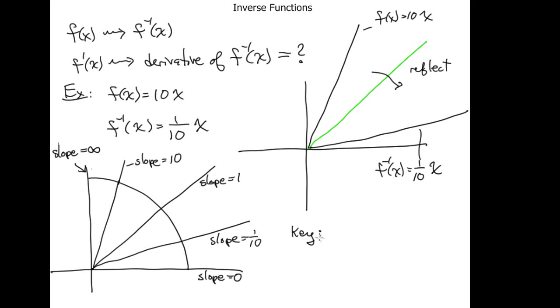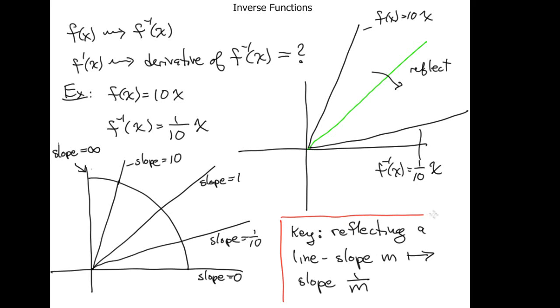It's the following simple observation, that if you reflect the line in the 45-degree line, the slope m goes to slope 1 over m. That's what this reflection picture does. And that's going to tell us the relationship between the derivative of a function and the derivative of its inverse.